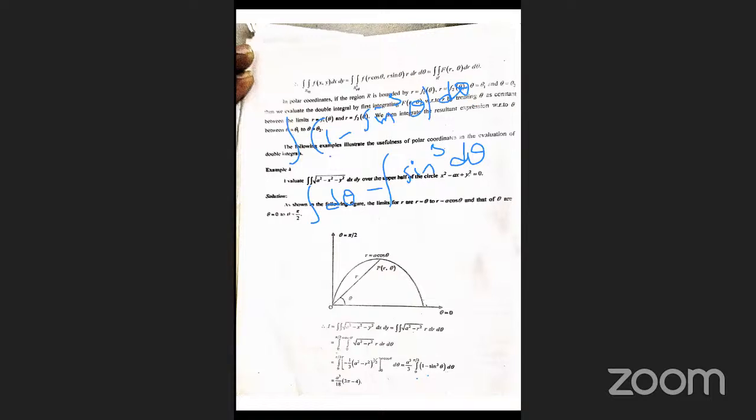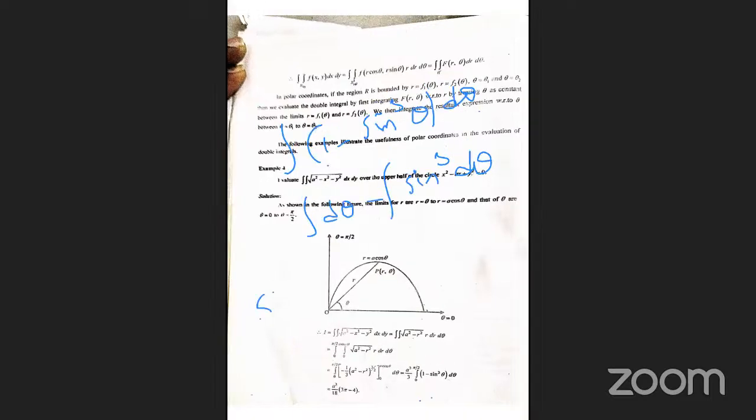The sin 3 theta formula is 3 sin theta minus 4 sin cube theta. Yes? Yes, sir.